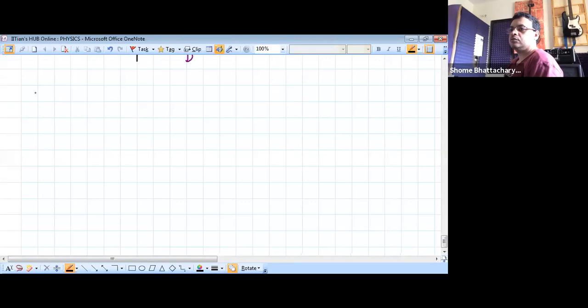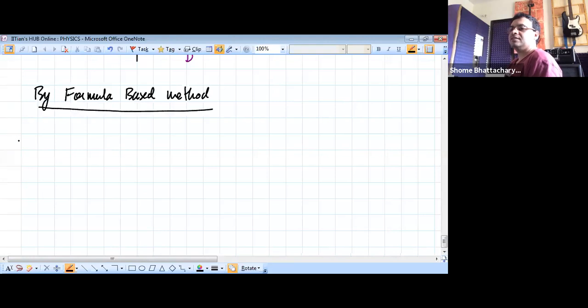Okay, so if I want to do this by formula based method, it's a little bit more tricky, but I'll tell you. So for example, I'll take the second one, where the vector b was minus i cap plus root 3 j cap.